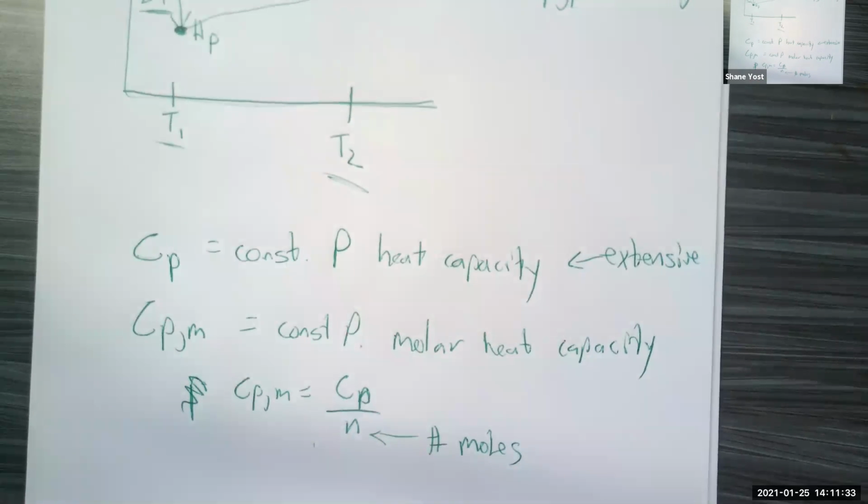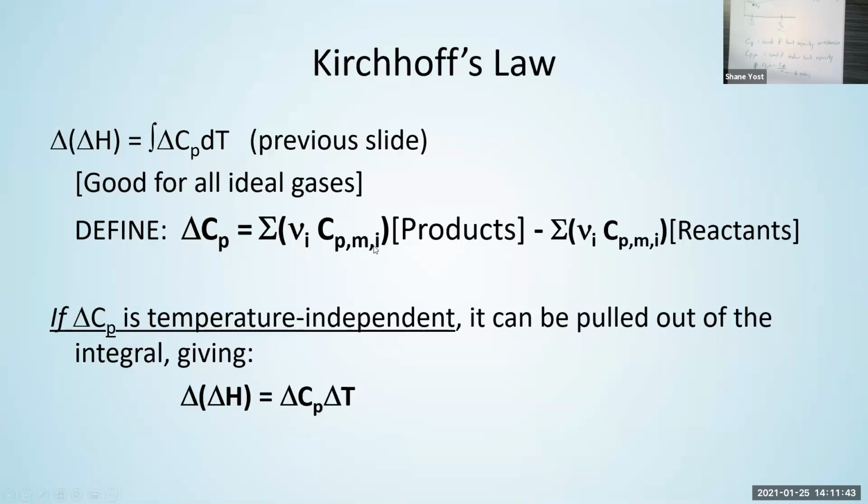And so CPM of I is saying the molar constant pressure heat capacity for compound I, reactant I. And then V sub I is the stoichiometric coefficient of, say, reactant or product I.